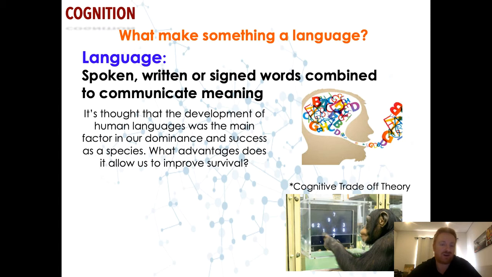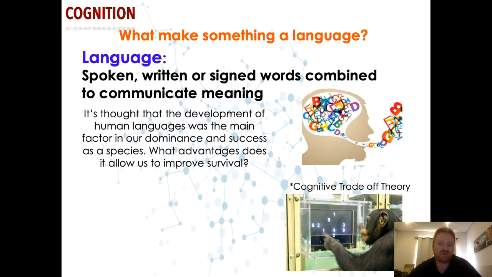One call alerts them to a predator in the sky, like an eagle, saying, "Look up in the sky because there's something up there that we need to avoid," or a different call that indicates a predator on the ground, like a snake perhaps. So they have these different words that communicate different meanings. So that is technically a language.